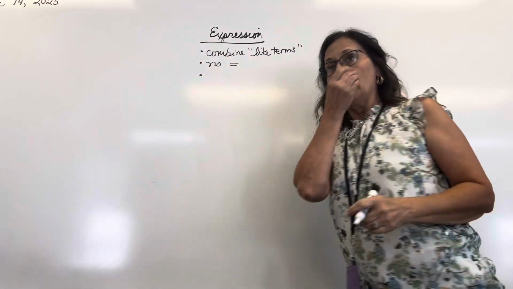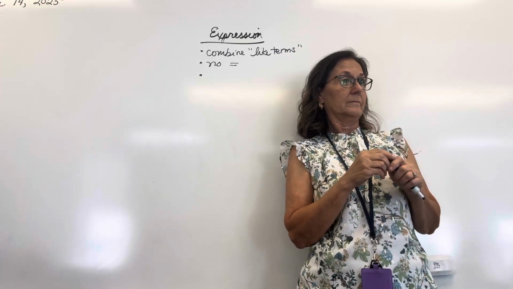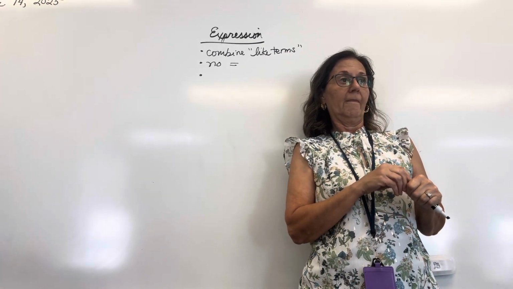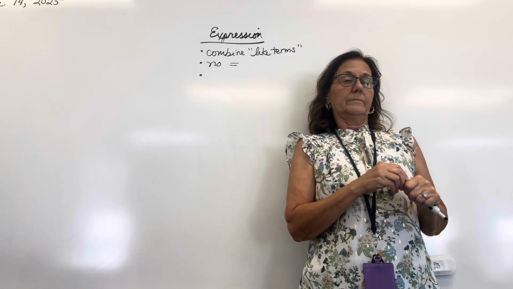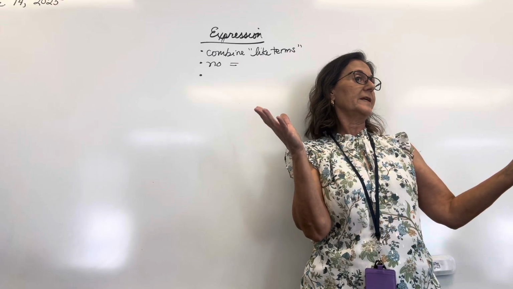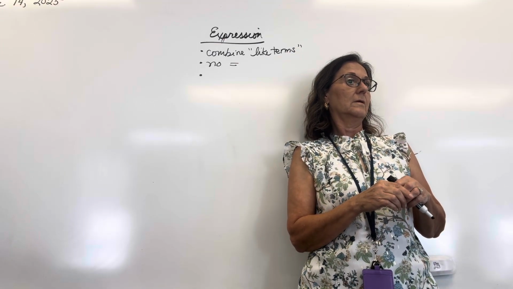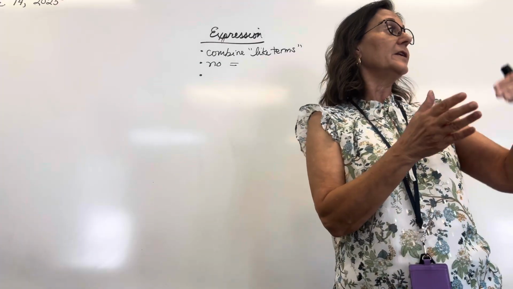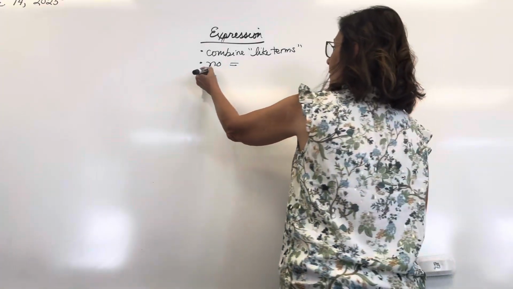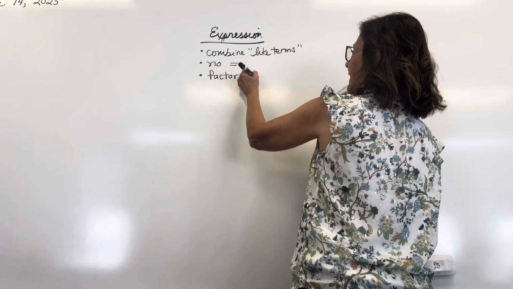But what else can we do? How do we simplify? What are some ways we can simplify? Taking the number out of the column. So we can factor or we can distribute, right? We can factor or we can distribute.